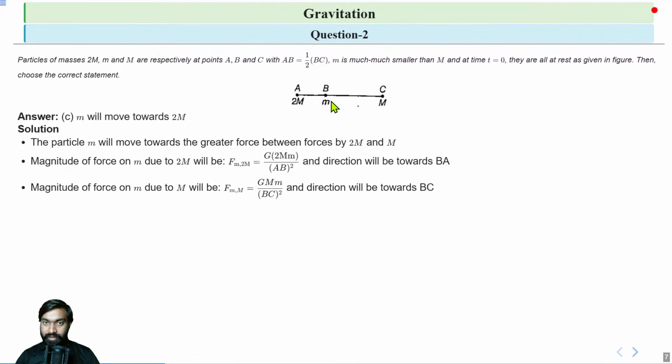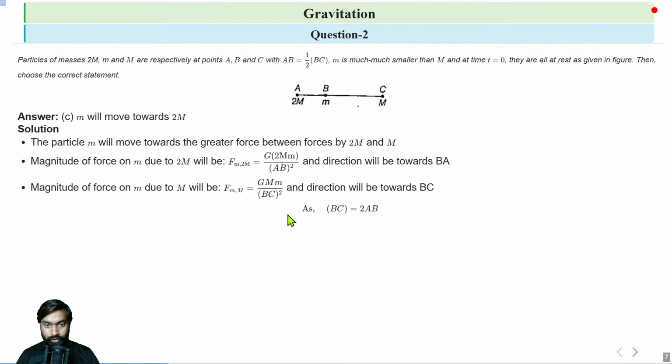The distance here is BC, so we can write BC square. The direction will be towards B to C. The mass will move towards the greater force between the forces.